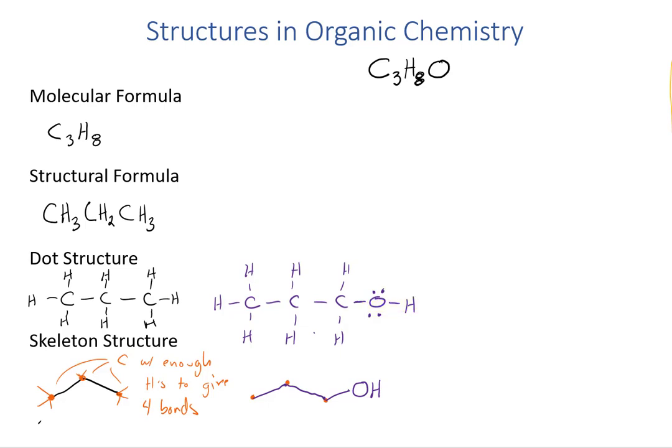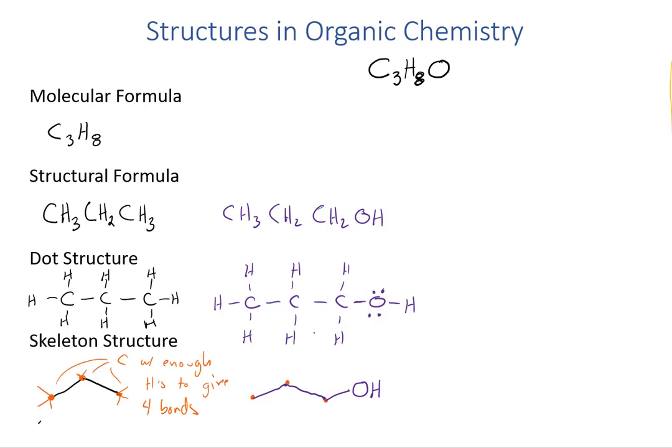And so what we'll end up with for a structural formula is CH3 for this part, and then a CH2, another CH2, and the OH. And in the structural formula, we're not obligated to put lone pairs, and so we don't bother.